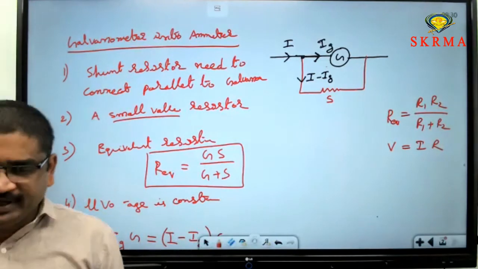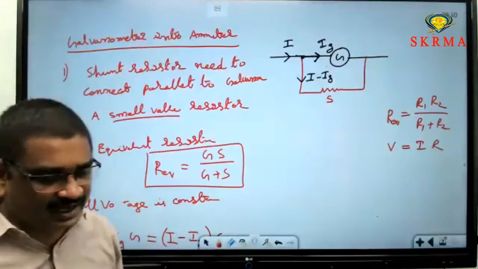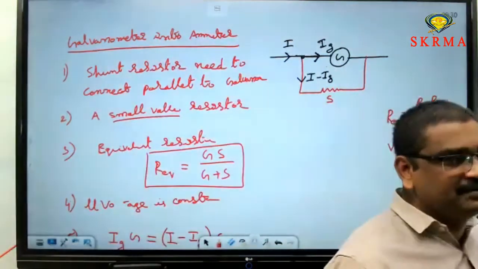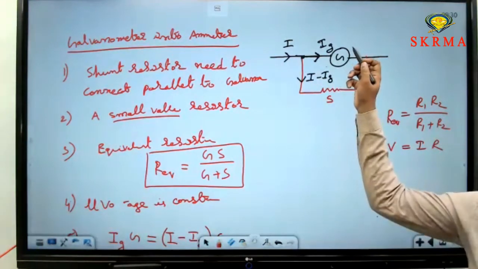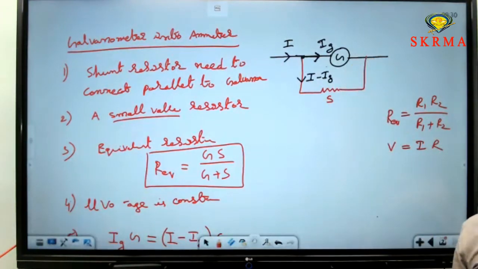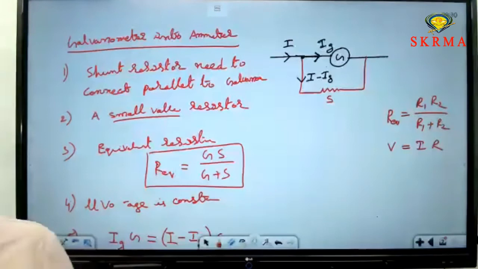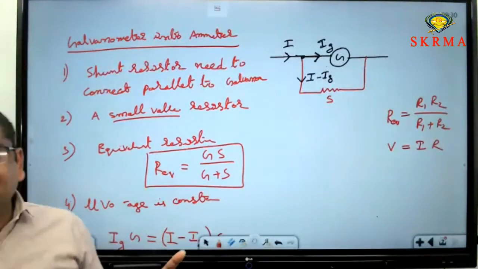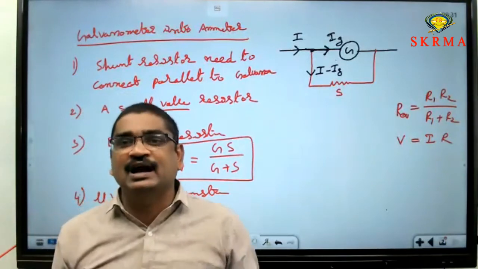The shunt resistor should be a small resistor that should be connected in parallel to the galvanometer. If you connect a small resistor in parallel to the galvanometer, that is going to convert it into an ammeter. That is the main property of this one. Now, how are you going to convert one galvanometer into an ammeter? We need to connect a small resistor parallel to the galvanometer.